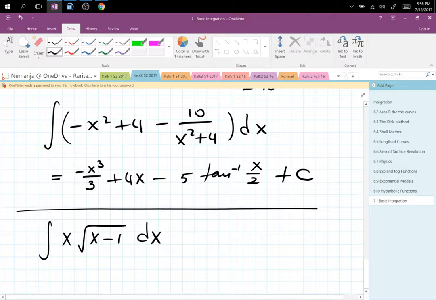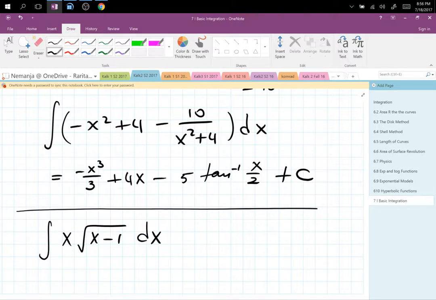Let's go check. So what should we do here?